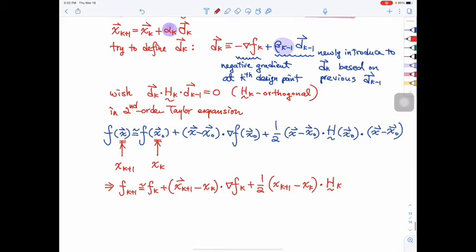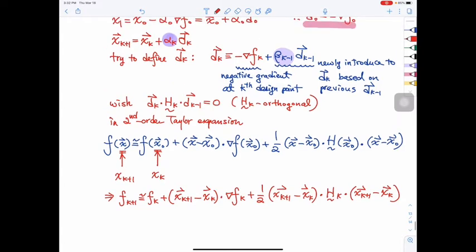Oh, they are vectors. Dot product xk plus 1 minus xk. If I just call my x as xk plus 1 and my x0 as xk. Now we're starting to play some tricks. Let's take a look at this one.